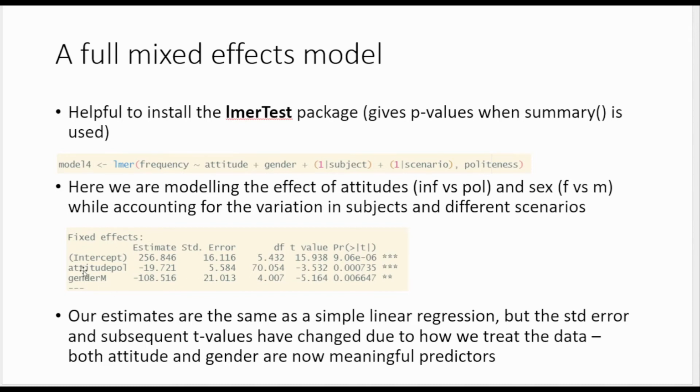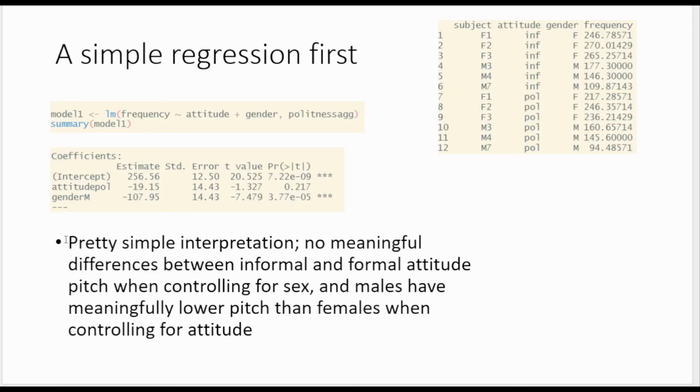But really, it's the attitude that is the primary variable of interest rather than the gender or the sex of the participants. So if we wanted to look at our estimates, our estimate of attitude would be -19 and our gender would be 108. That is pretty much unchanged, right?